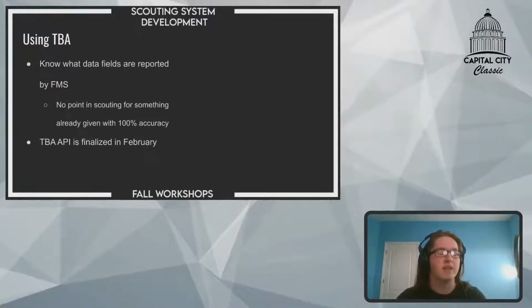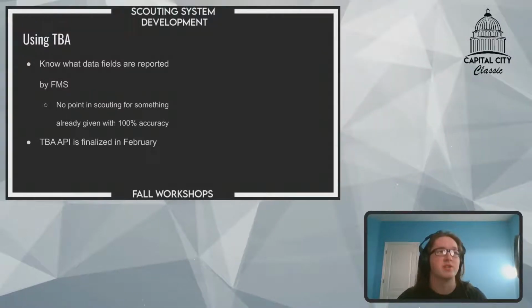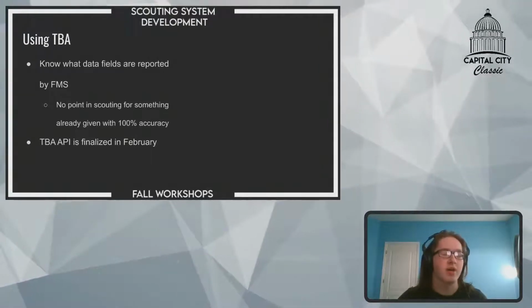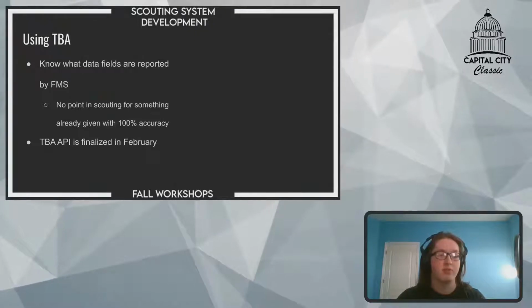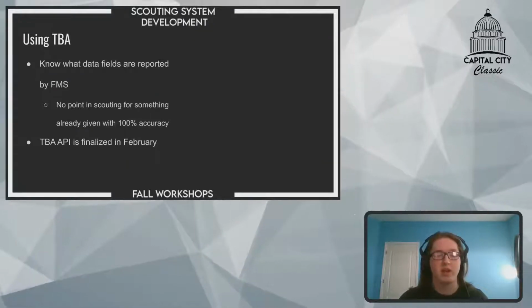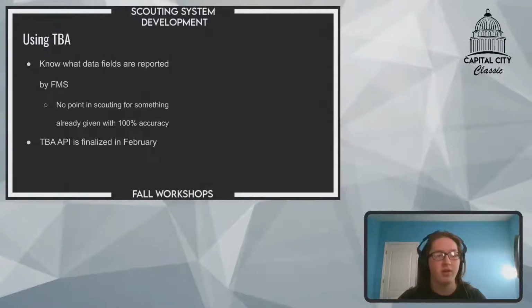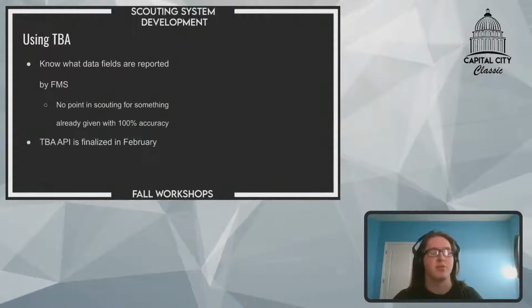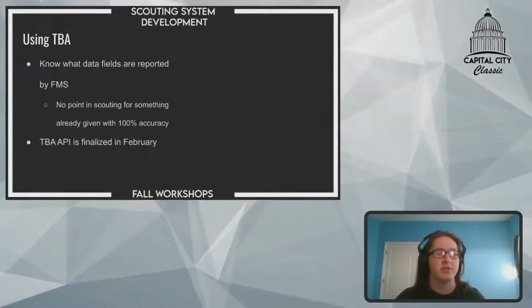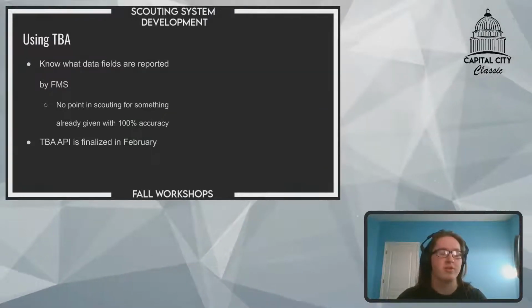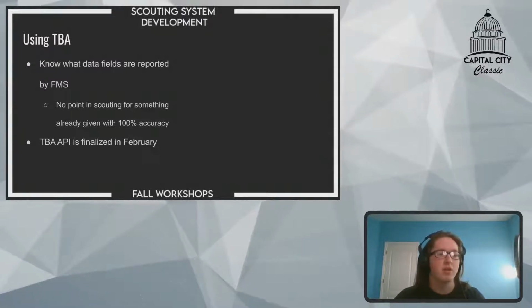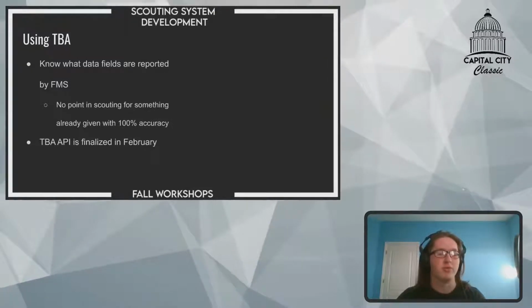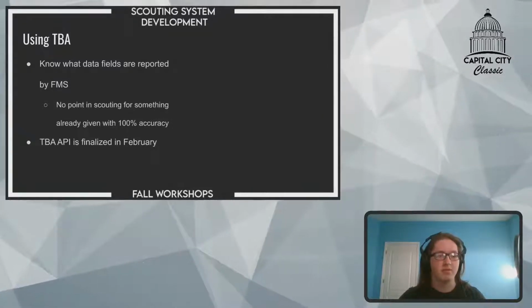So don't collect any data that is already available through something like TBA. TBA gives out a bunch of stuff, most notably in 2020 climb data for each robot on the field, which means that you can scout climbs by just pulling from the TBA API. Of course, it's released in February, which is after FMS releases their API, which complicates development a little bit, but in our opinion, it's worth it to pull from TBA.